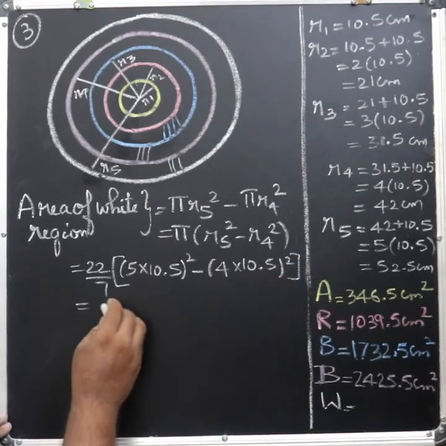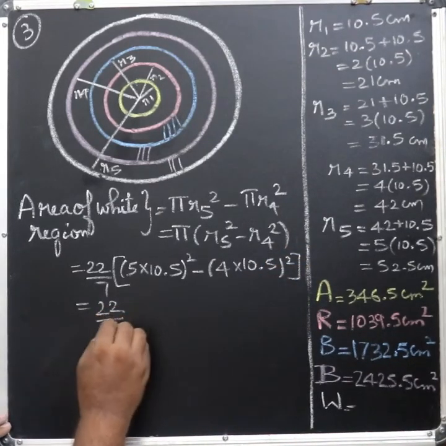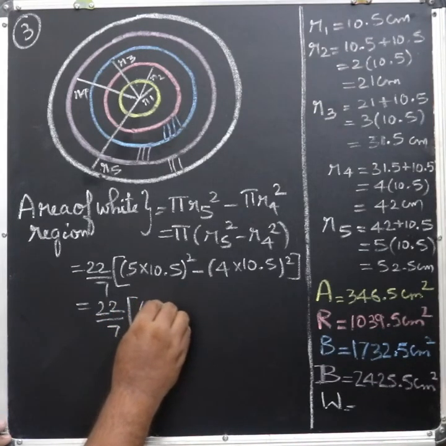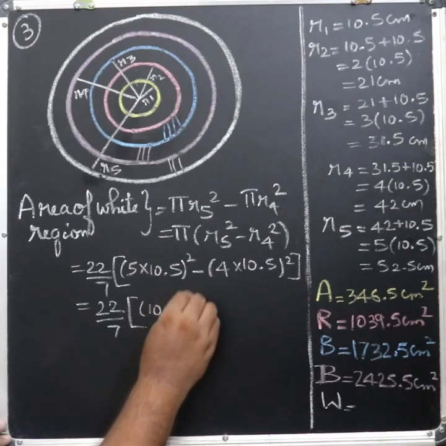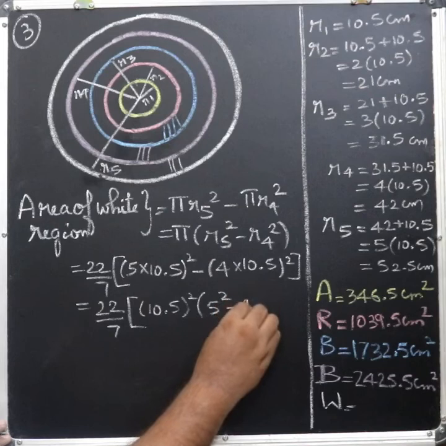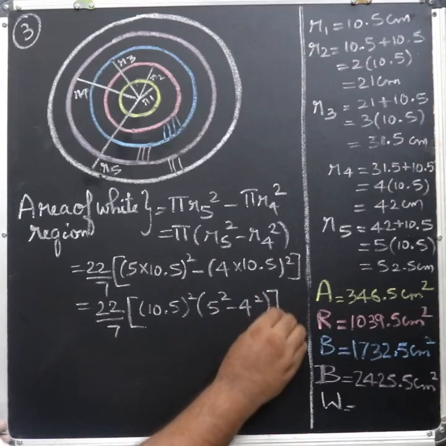So you can see that 10.5 whole square is common in both. Pulling that commonly outside, you have 5 square remaining in the first term and 4 square remaining in the second term.